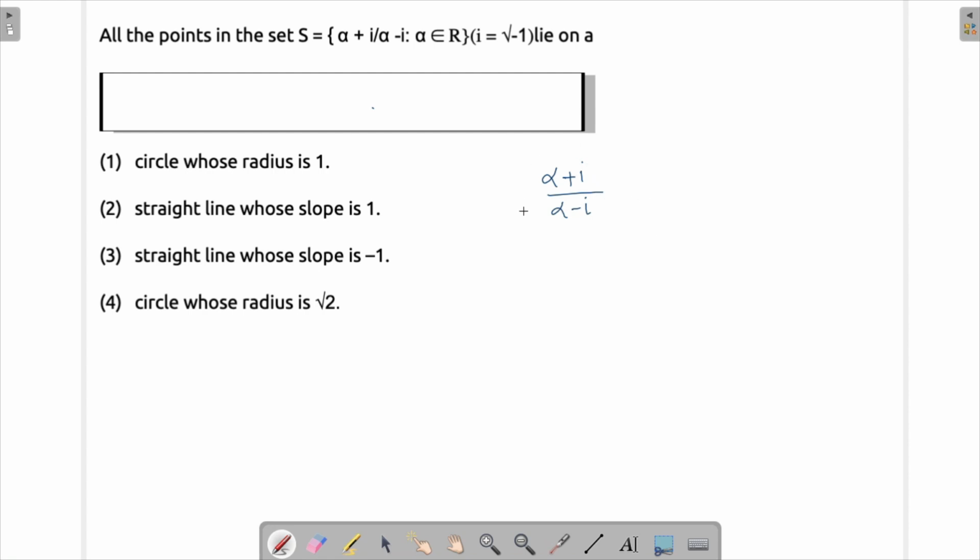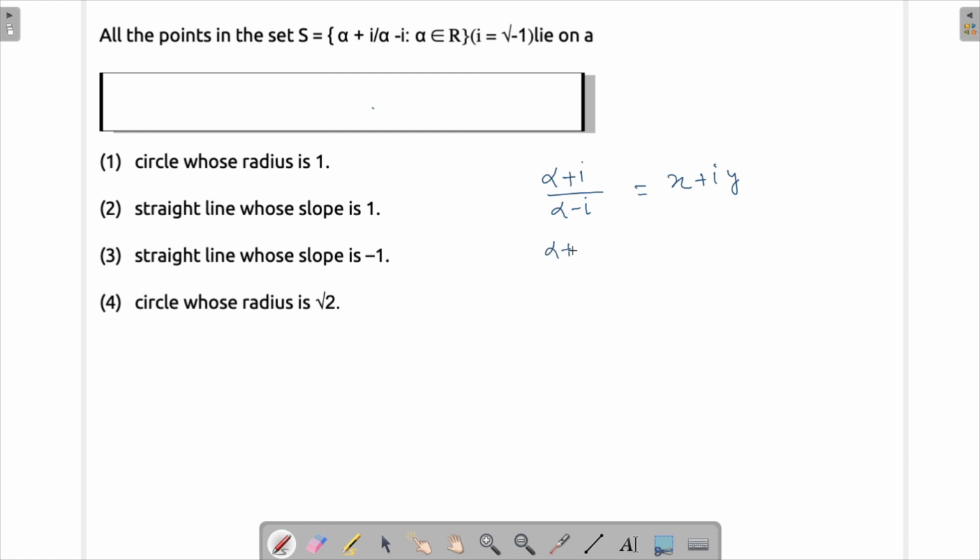So first of all, let's try to simplify it, because this is representing all those points which are there on this plane and could be represented as x plus iy, right? So why don't we start writing this in the form so that we could compare x and y and then find a relation between x and y, so that this will be easy for us to identify.